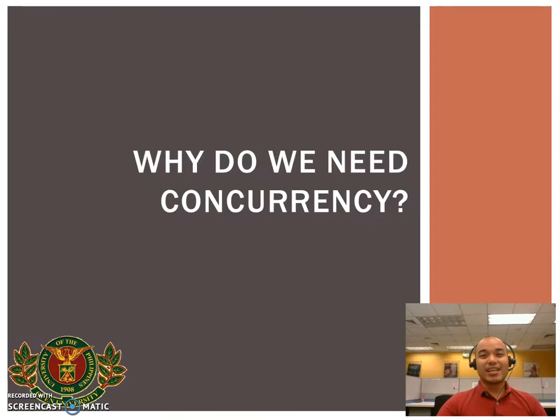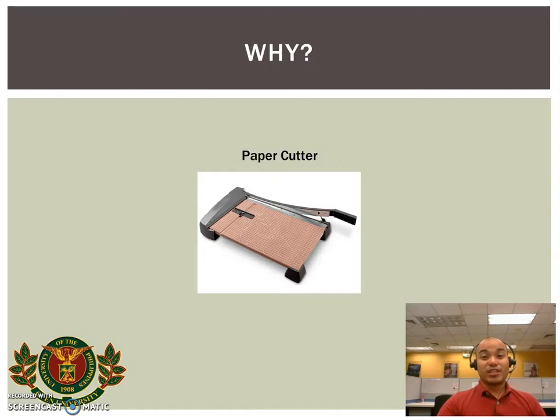In the next slides, I will be providing two scenarios, which are an analogy of concurrency and the single processor system. The first scenario is an analogy for the single processor, in which we have a paper cutter that is only allowed to cut one paper at a time.